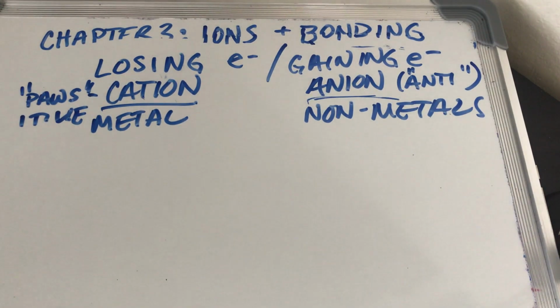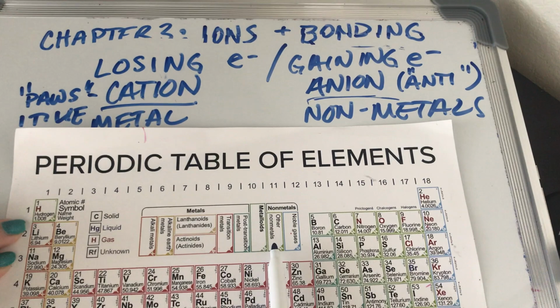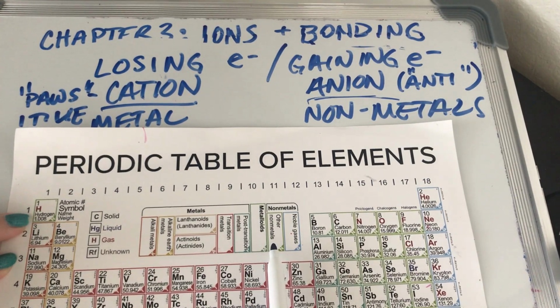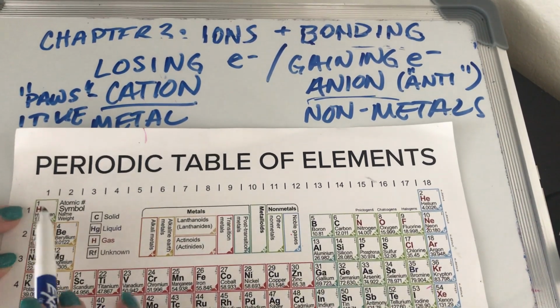So is hydrogen a metalloid? It's not technically. It's technically part of the non-metals. So if you look at the coloration here, it's technically given as a non-metal, right? But I would say in terms of behavior, because it's so small, it can do some things that other elements can't.